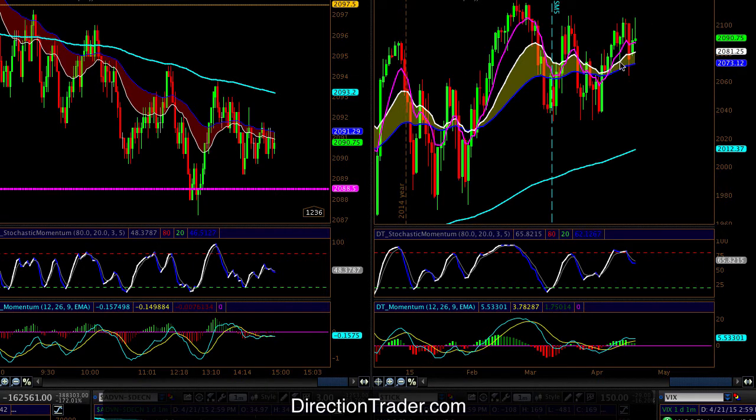So with that being said, my bias here is pretty much the same, but kind of backwards. I know that sounds goofy, but going into today, anything below the previous day's high, look for shorting opportunities. Anything above it, go long. Going into tomorrow, look at the daily chart: we definitely have a nice topping tail candle.